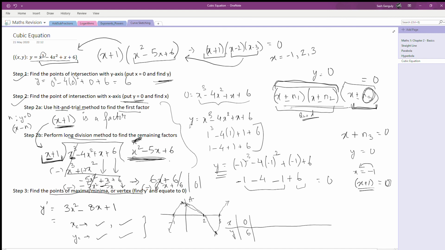This is the most time-consuming bit, but eventually you'll get the 3 points B, C, and D. What you then have to do is just find the points of maxima and minima by doing the usual optimization techniques and using double differentiation to find whether it's a maxima or minima. So that will give you E and F, right? So then it's just a matter of joining them and your curve is ready. So that's how you should plot a cubic function.